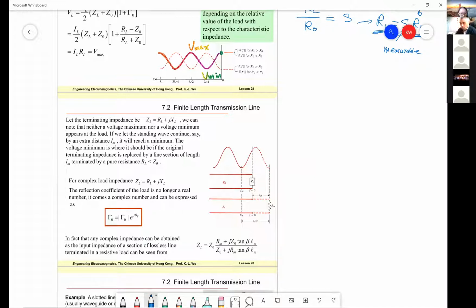Now let's see. Assume this part I don't know. What I know is I have a load, and I don't know what the value is.